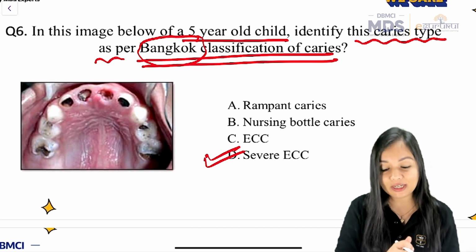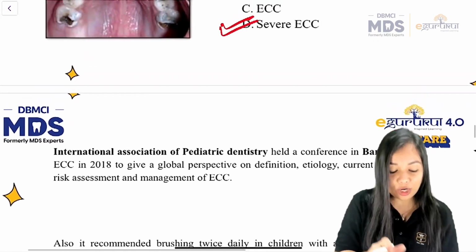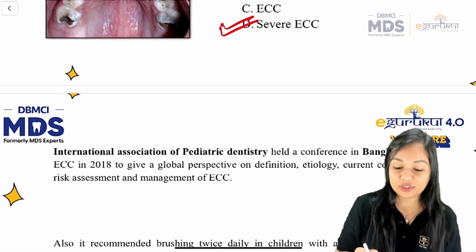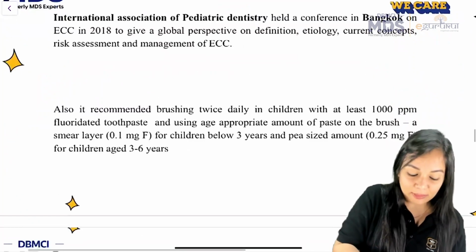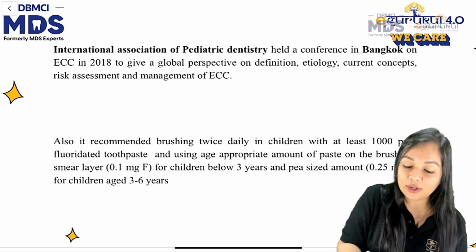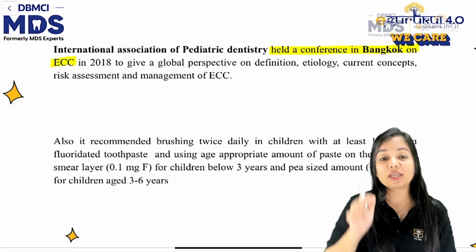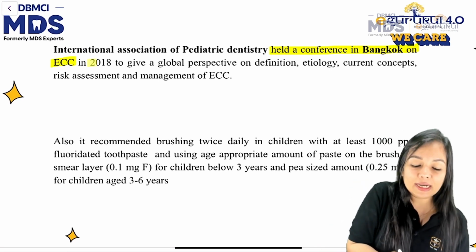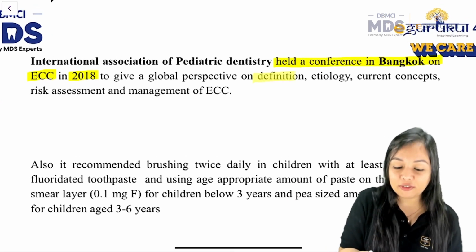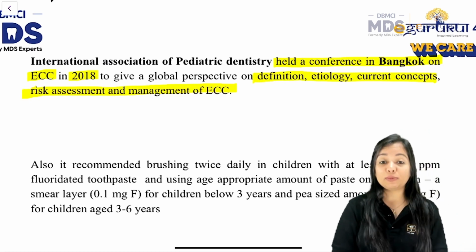This is severe ECC. But why is it called the Bangkok classification? Because the International Association of Pediatric Dentistry held a conference in Bangkok on ECC. This conference was exclusively on ECC, held in 2018, to give a global perspective on the definition, etiology, current concepts, and the risk assessment and management of ECC.